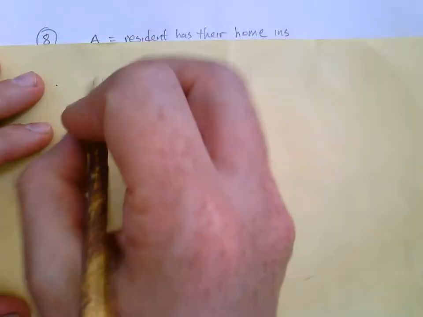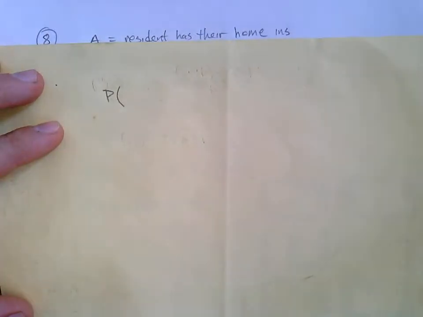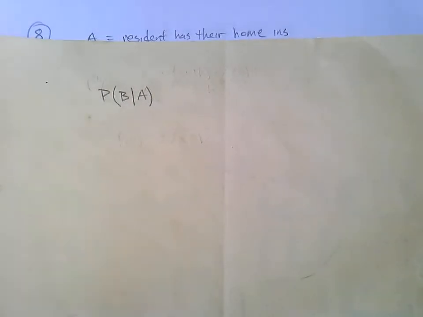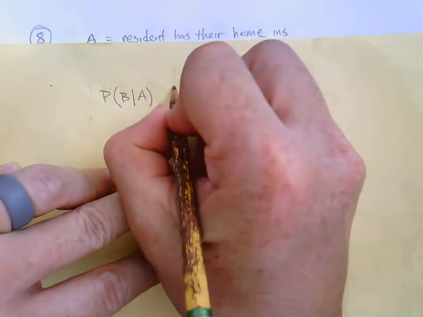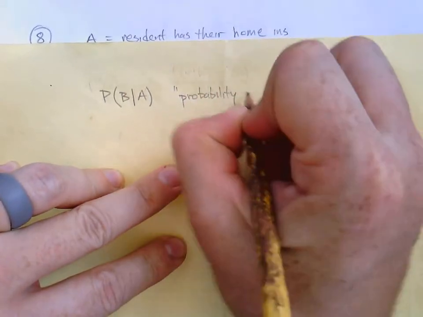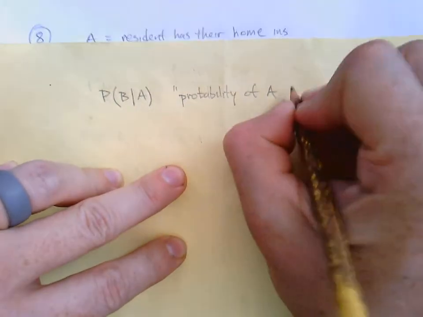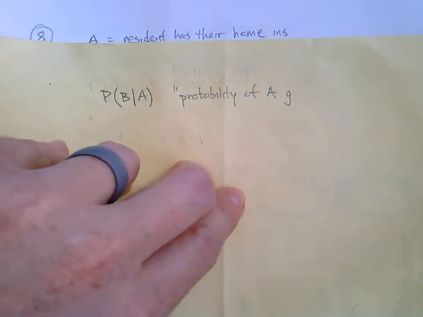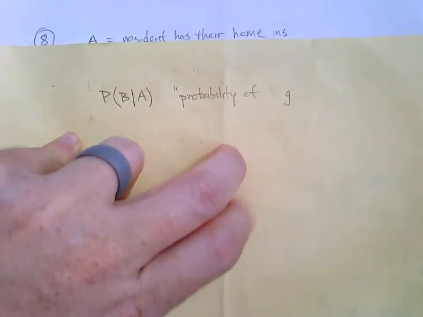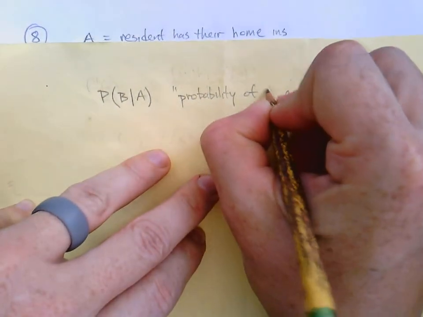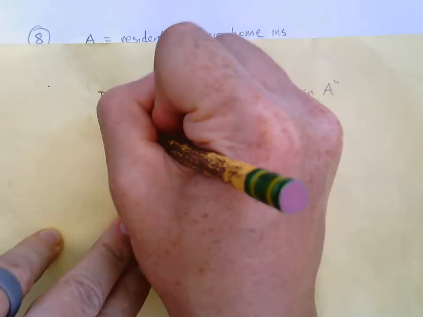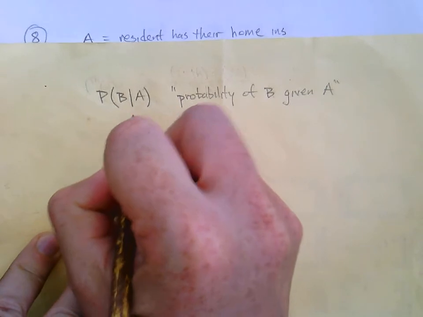You see that notation. It means you would read that as the probability of B given A. So that line right there, you read as the word "given."